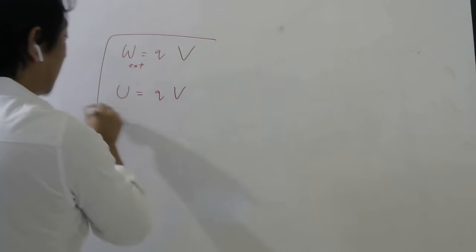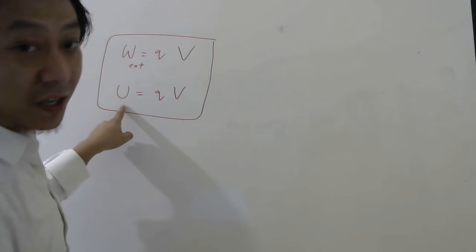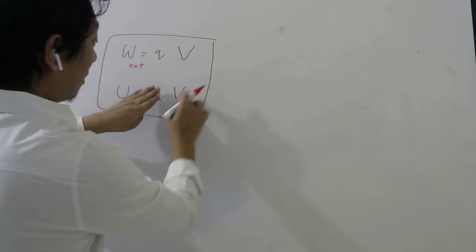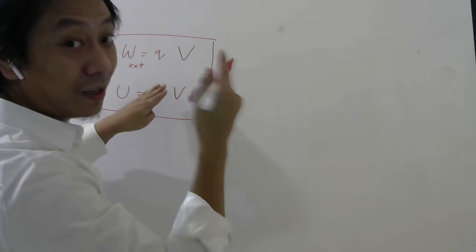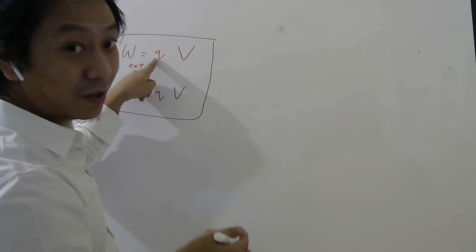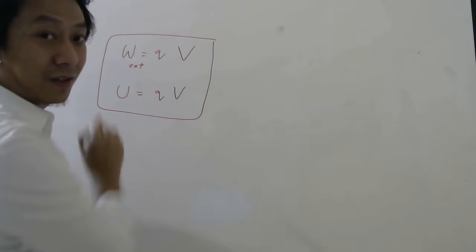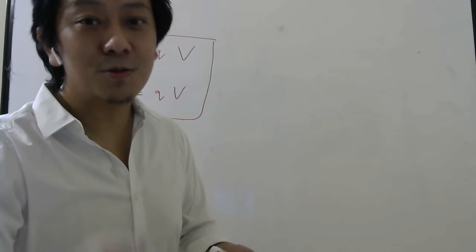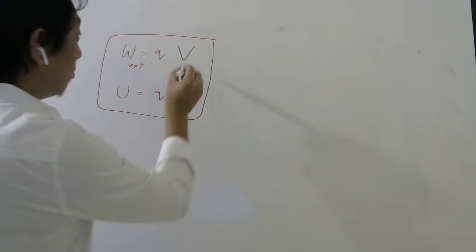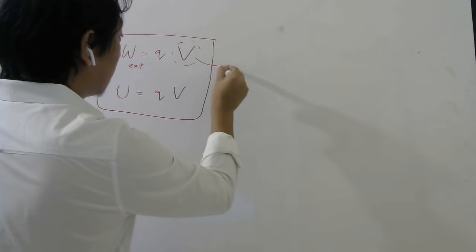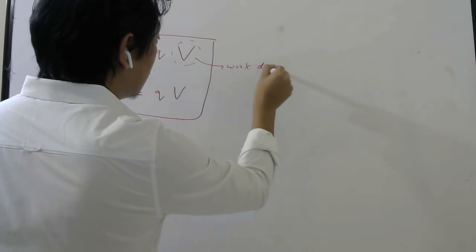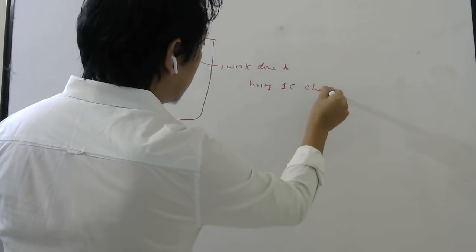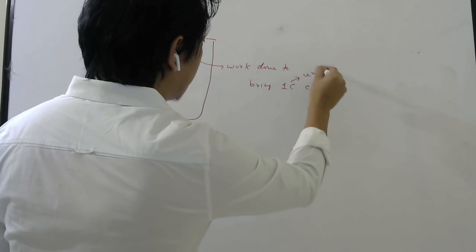So this is the relation between potential energy and potential. Understood or not? This is the work done to bring 1 coulomb charge. If you bring q coulomb charge, the work done will be how much? Q into V. Yes or no, students? If 1 apple is 2 rupees, 6 apples will be 6 into 2 rupees. So this is the work done to bring 1 coulomb charge, which simply means unit charge.